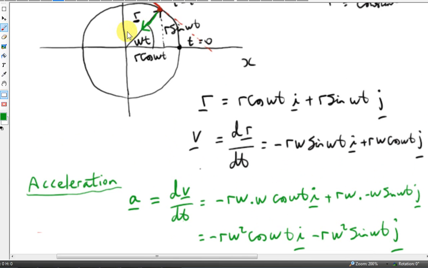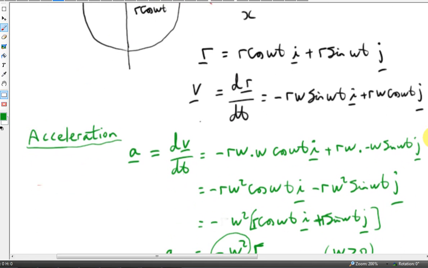So vector a is in a direction that's opposite to vector r. So that means that the acceleration of a particle undergoing uniform circular motion is always directed towards the center of the circle. Its direction is always changing, of course, because when the object is here, the direction is now this way, always towards the center, but its magnitude is constant.